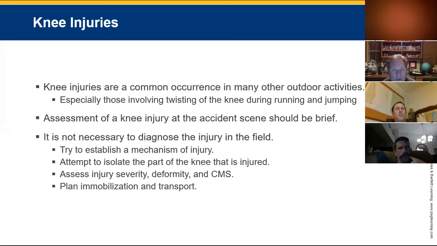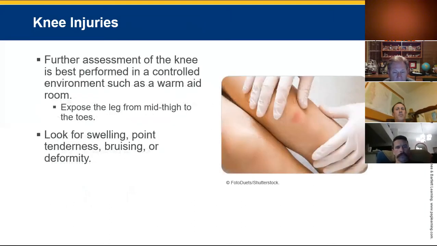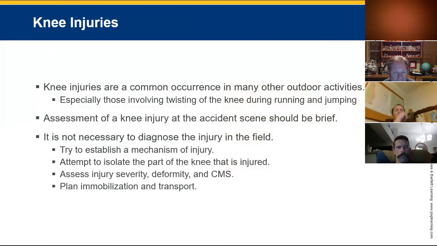Knee injuries. Again, that goes back to mechanisms of injury. We know it's going to be ligaments that are involved, and there's instability that we might have. The best way to assess it is being able to get the pants off or see it.